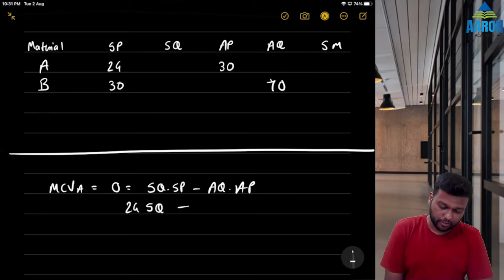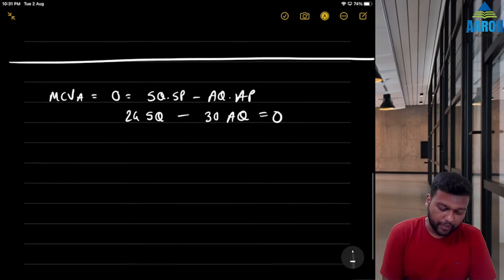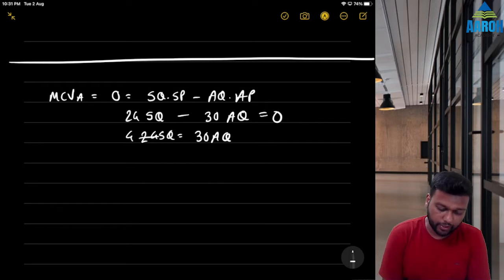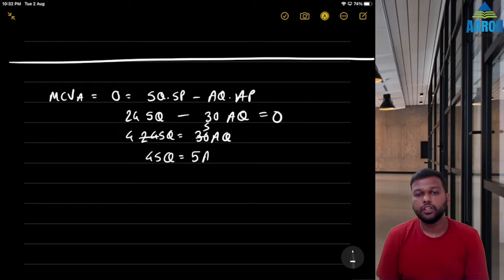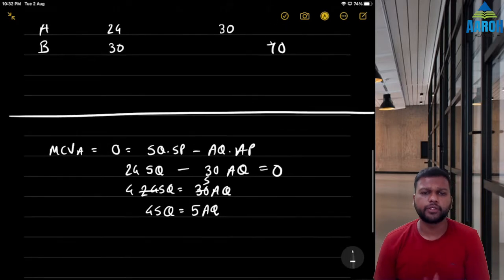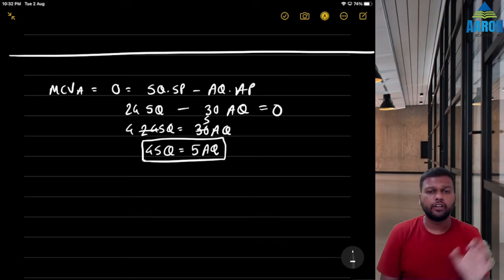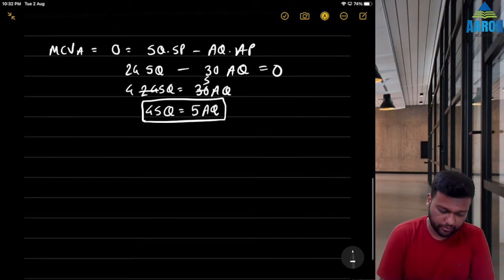AQ is not given, but 30 is AP, so 30 AQ. This is 0, right? That means we have 24 SQ is equal to 30 AQ. Or if you want to cancel by 6, 6 into 4, 6 into 5. So 4 SQ is equal to 5 AQ. We cannot do anything else on this, right? 4 SQ is equal to 5 AQ, fine. Let's store this and go ahead.